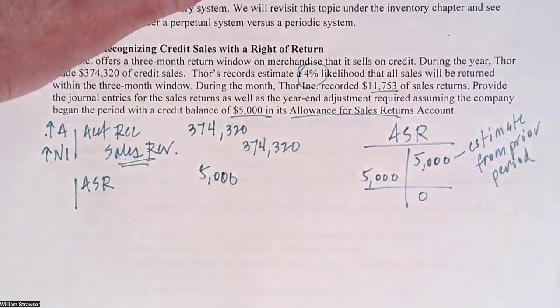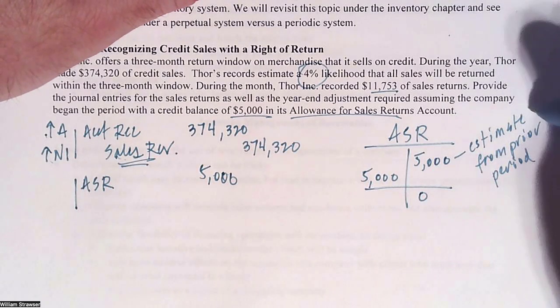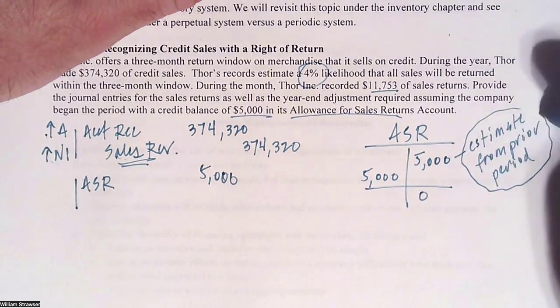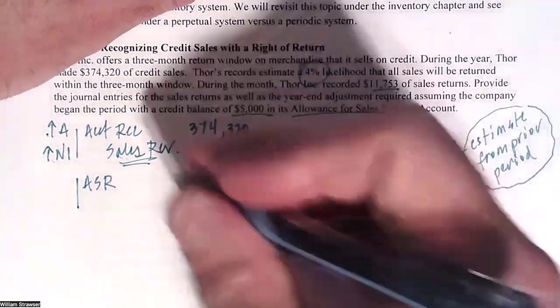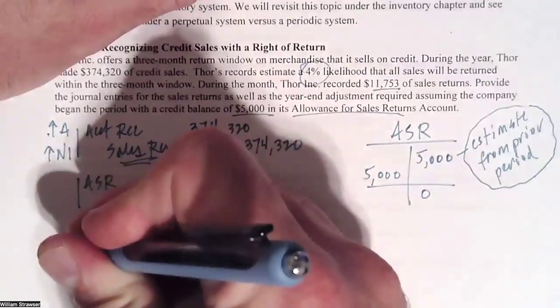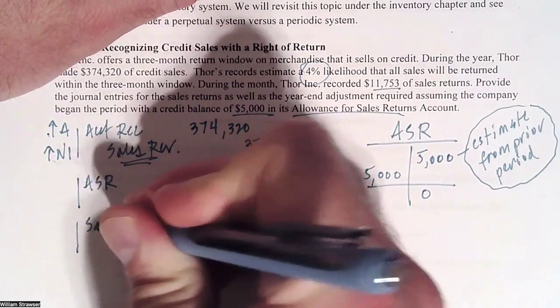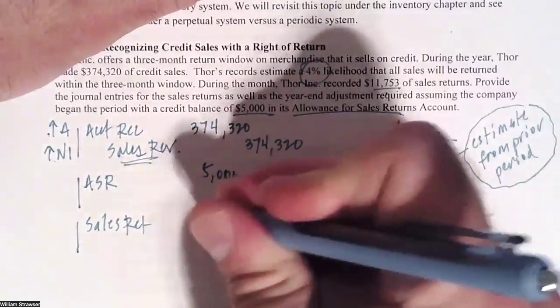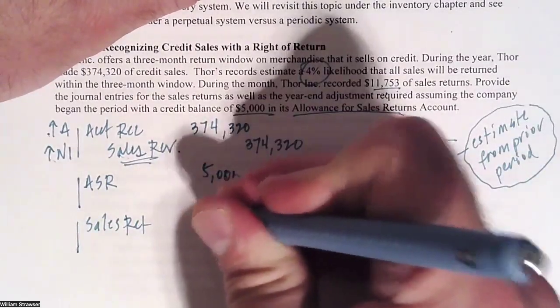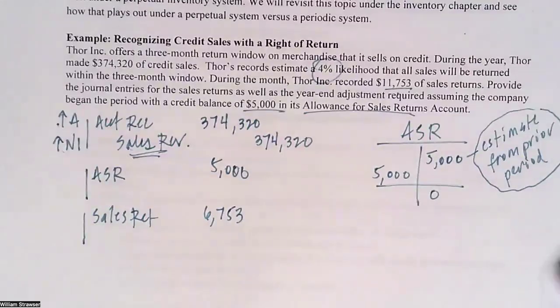Essentially, we have now recognized all of the returns that came from sales in the prior period. Now that we've eliminated those, the rest of this amount, the 11,753, goes to sales returns. And I'm going to talk a little bit about that in a second.